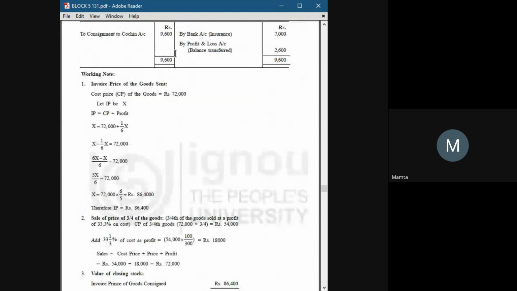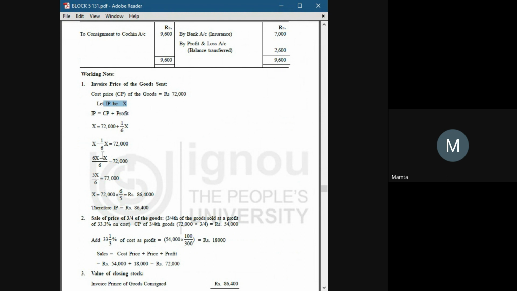If we calculate this invoice price, the cost price given to us was 72,000 rupees. Let's assume the invoice price be X. IP is equal to CP plus profit. This is the equation we know. Put it in the equation: X is equal to 72,000 plus 1 by 6 of X, because it is mentioned that the profit would be 1 by 6 of IP, the invoice price.